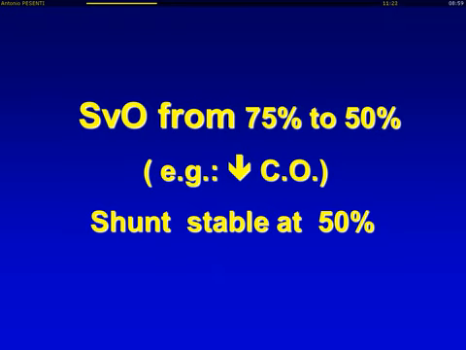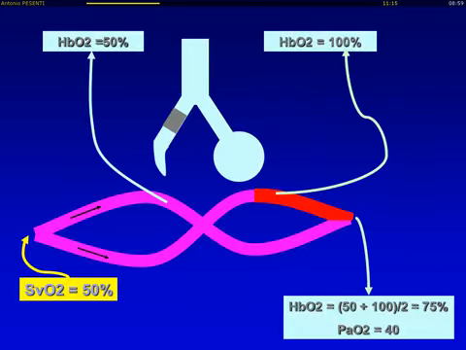But if mixed venous saturation goes from 75 to 50, same patient, same lung, now your arterial saturation will drop down to 75%. And the arterial PO2 will be an awful 40 millimeters of mercury, just because mixed venous saturation changed, just because cardiac output changed.